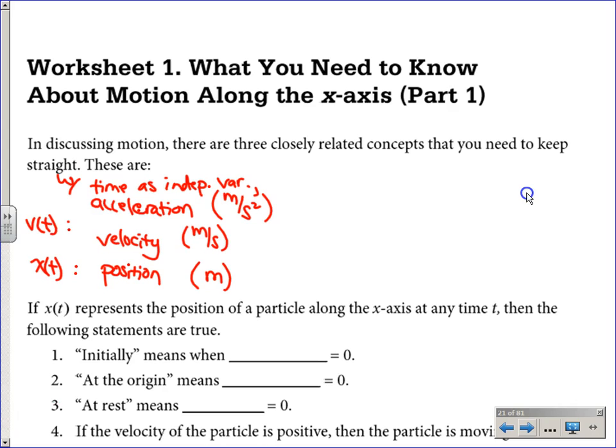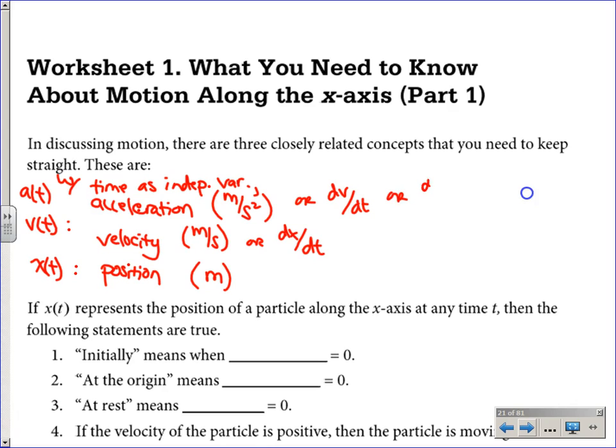Or dx/dt, which is where you get your change in x, differential x, meters, per change in time, differential time, seconds. Acceleration, a of t, could be written as dv/dt. There's your change in velocity, meters per second, per another second, so per second squared.